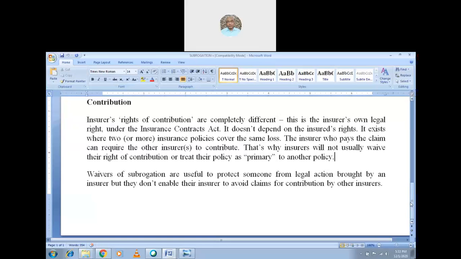Yes, two insurance companies are different, sir. Both we can take the amount, so we can enjoy the amount. You can enjoy the amount because he's paying the premium for both of them.